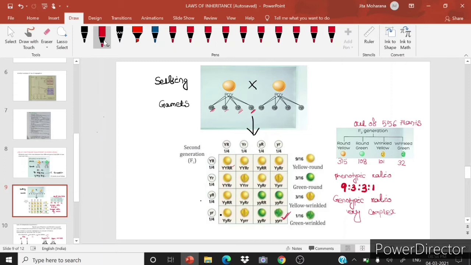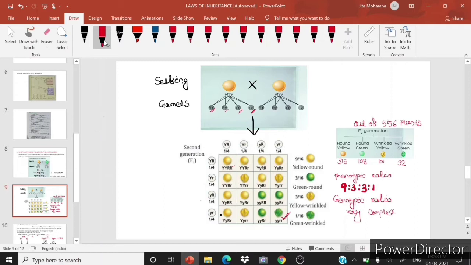Mendel had crossed a tall and a dwarf plant, and in the F1 generation he found that all the plants were tall. Likewise, here Mendel crossed two plants, and the difference is that here there are two different traits.